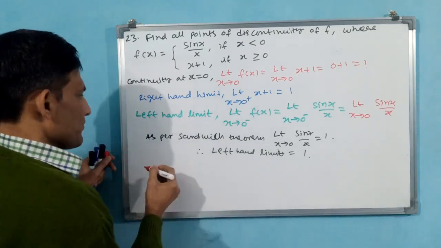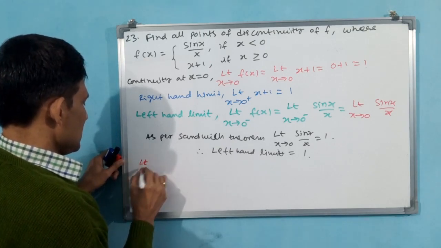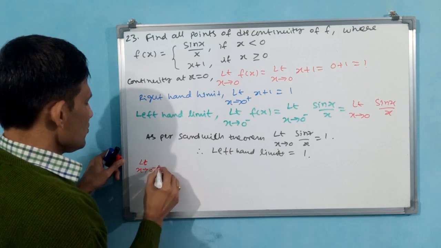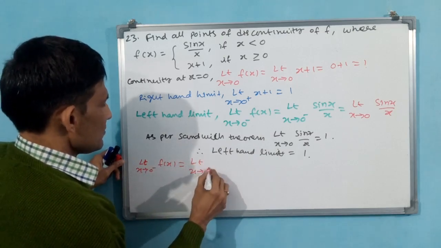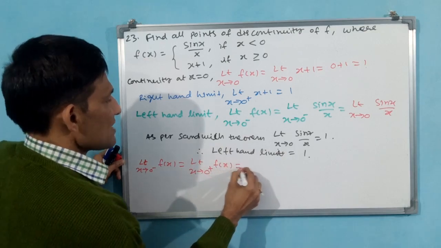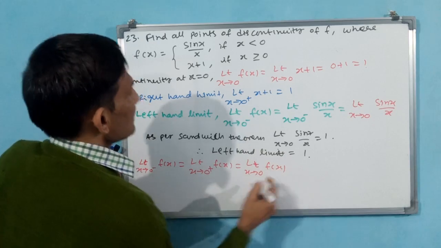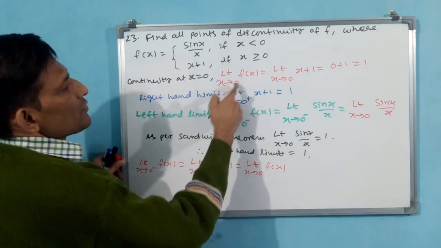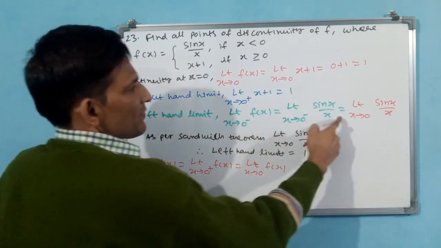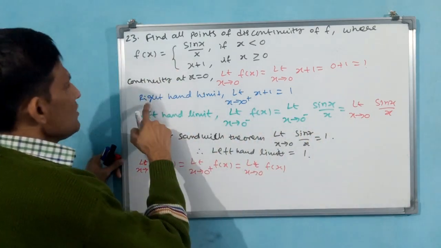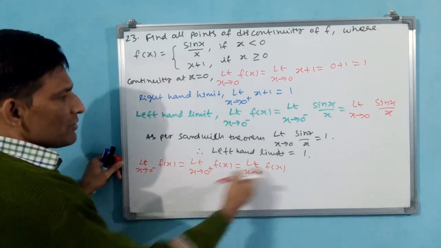Limit x tends to 0 minus of f(x) is equal to limit x tends to 0 plus of f(x), that is equal to limit x tends to 0 of f(x). Limit x tends to 0 of f(x) is also 1. Limit x tends to 0 minus of f(x) is also 1. Limit x tends to 0 plus of f(x) is also 1. All are 1. That is why I have written equal to.